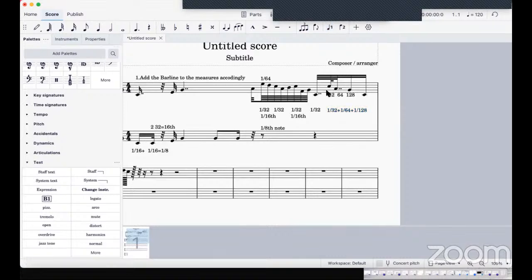I have this twice. And this is 1/64, this is 1/64, it's 1/16, 1/16.